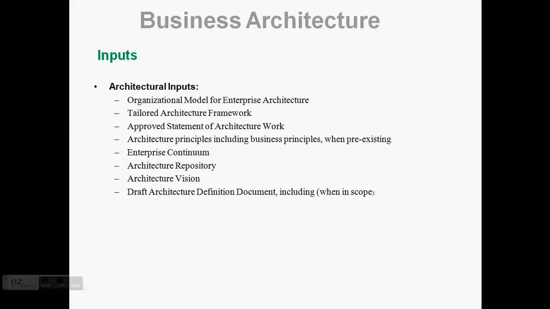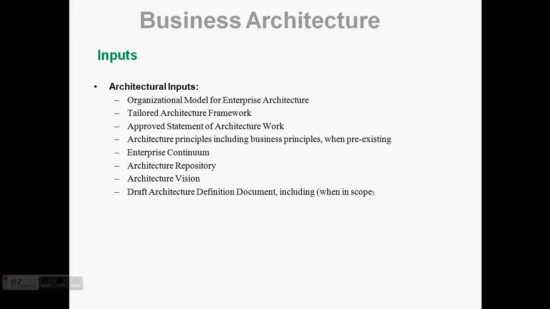Okay, so these are the inputs for the business architectural activity in this phase. Now let's see what are the steps we need to take in order to get this done.